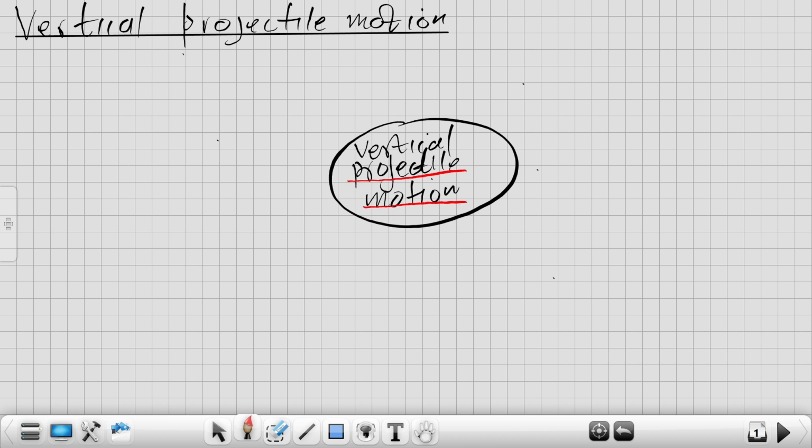The word vertical is very clear that it will be a motion either up or down, but anyhow it will be vertical. So I need to explain exactly what a projectile is and the motion thereof that we'll be focusing on.